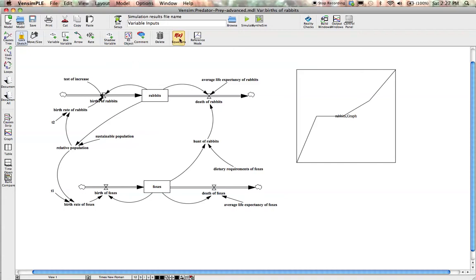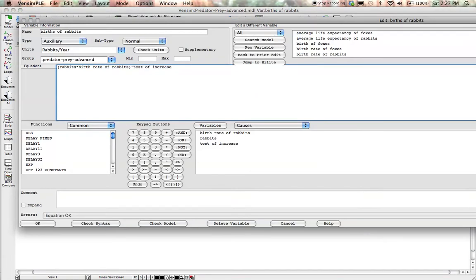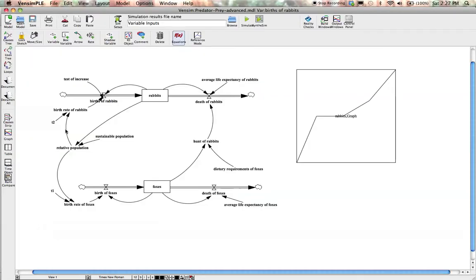If you go to the equation for the birth of rabbits, you will see that the birth of rabbits is equal to the population of rabbits times the birth rate, plus something that here is the test of increase, and test of increase is another variable, and I'm going to get out of this just to show you where that one is.